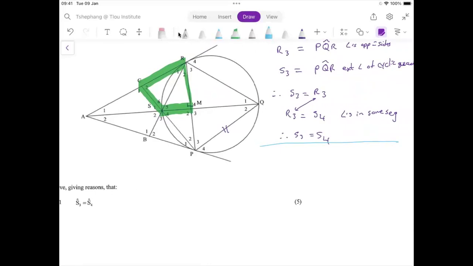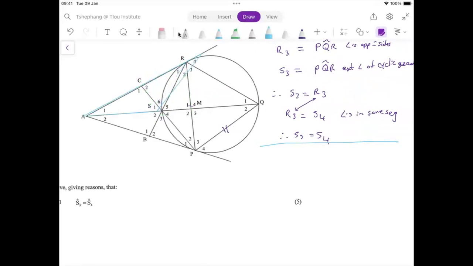Now remember that AR is a tangent. If AR is a tangent, we have a chord. We have a tangent here, and we have this chord.